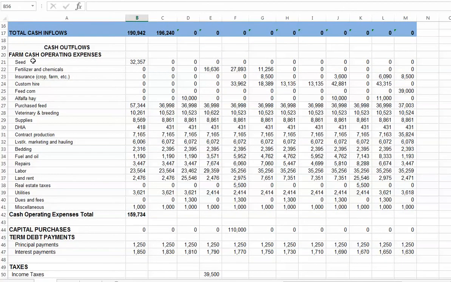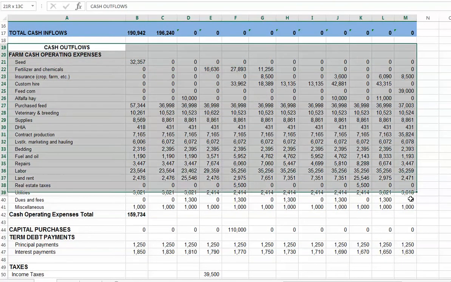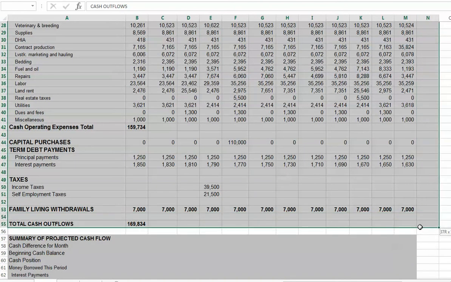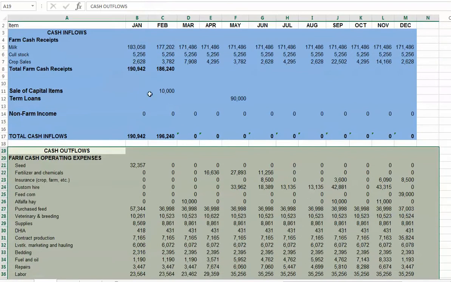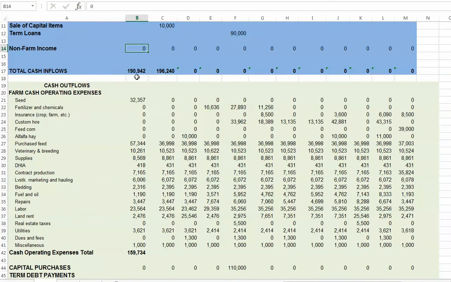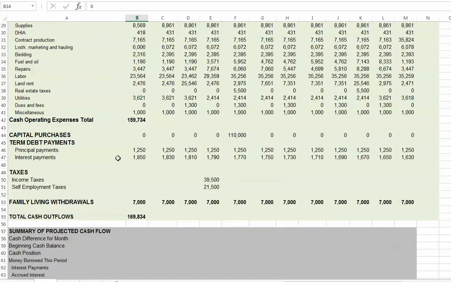You should do that for all of the cash outflows. You should complete for each of the months, and that will then give us a cash flow statement that has the total cash inflows by months projected and the projected total cash outflows by months.